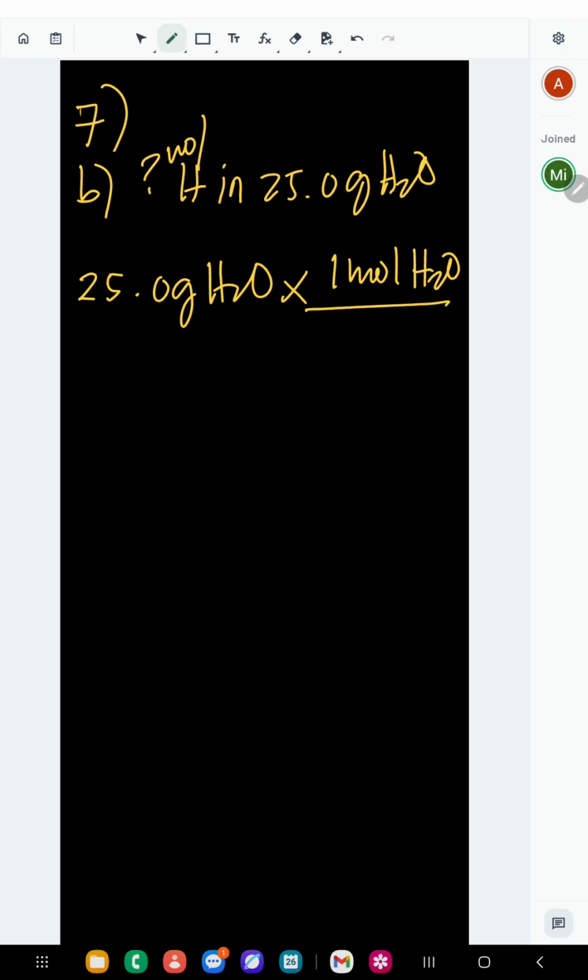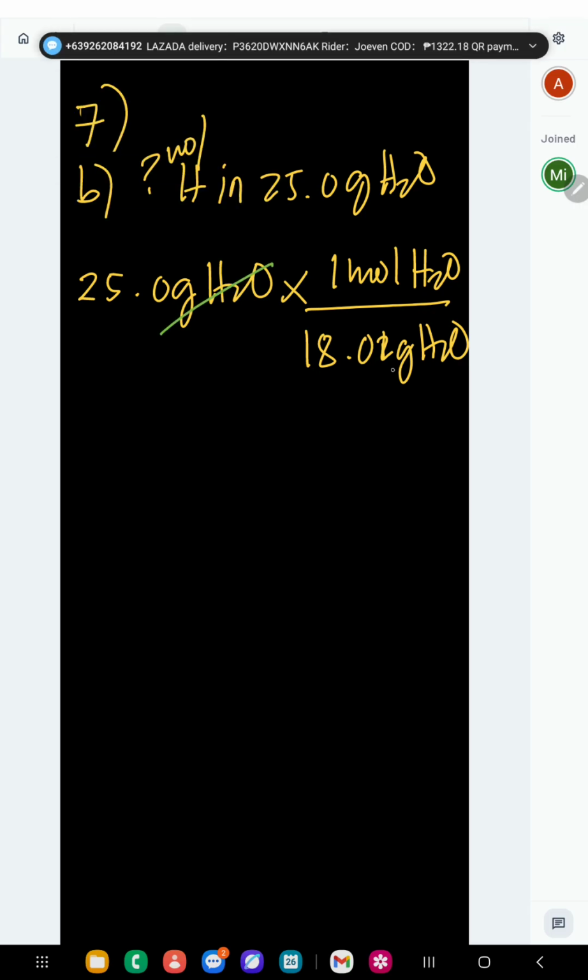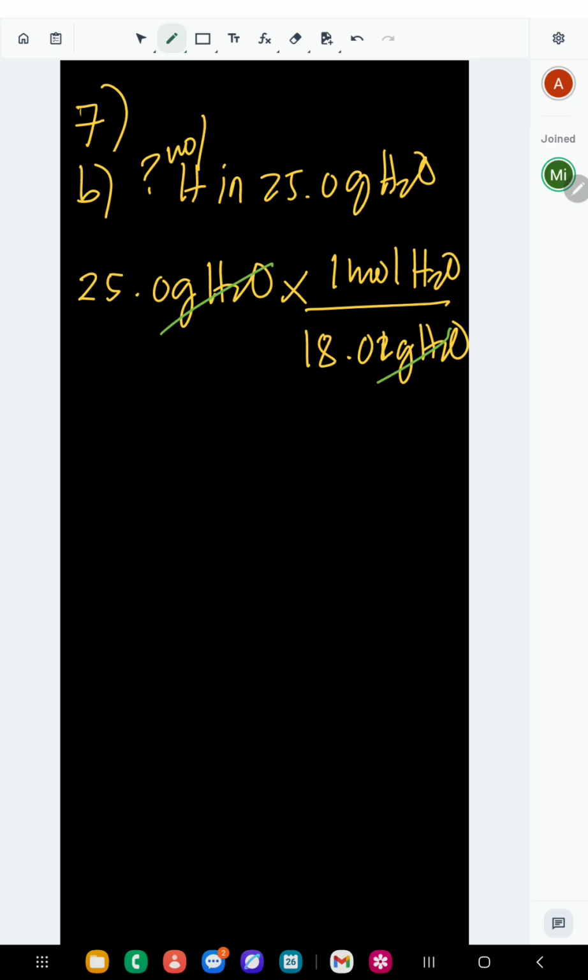What is the molar mass of water? Because we're given grams here. Okay, 18. So we can cancel out the grams water, then we're left with moles.